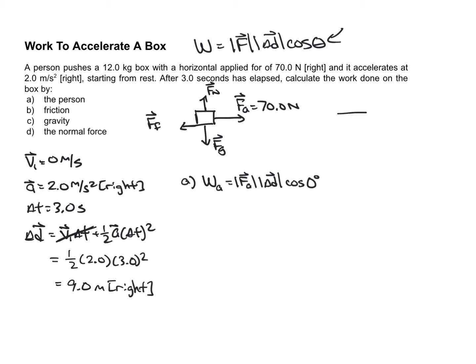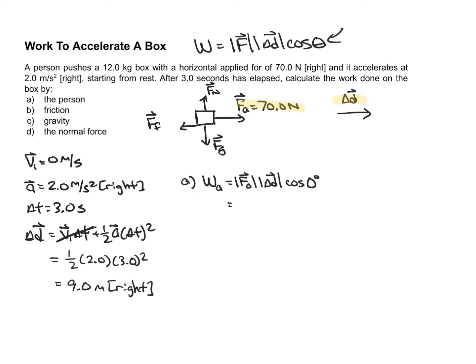My displacement is that way. So both vectors, applied force and displacement, point to the right, so the angle between those two vectors is 0 degrees. Cosine of 0 equals 1.